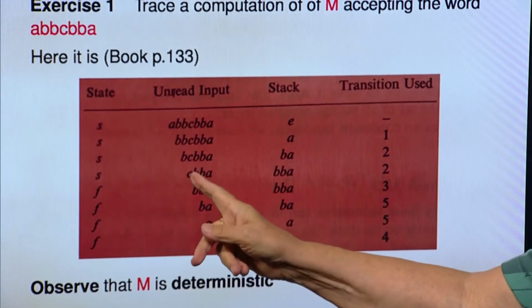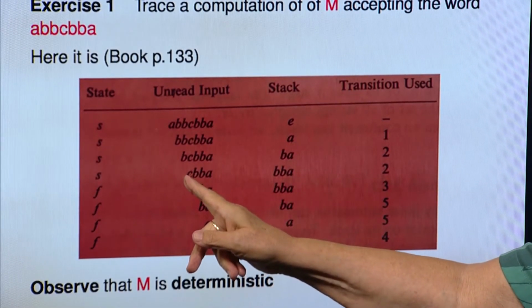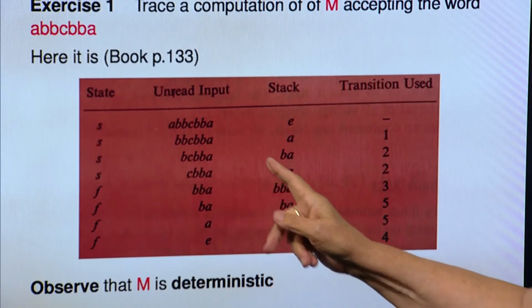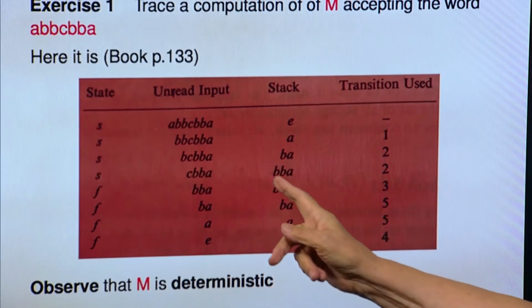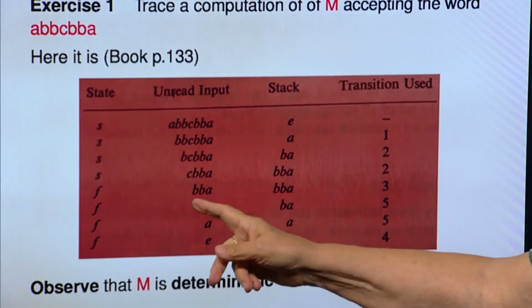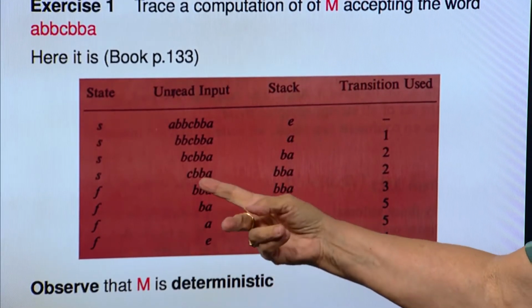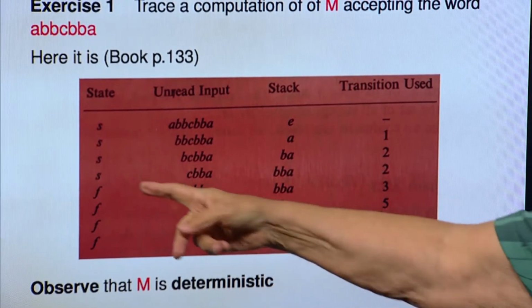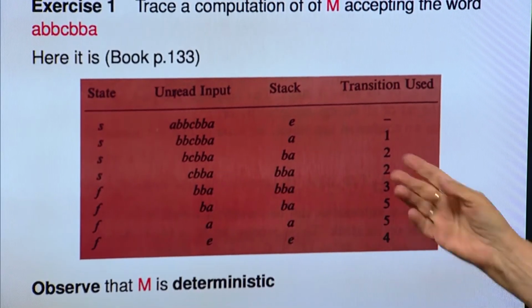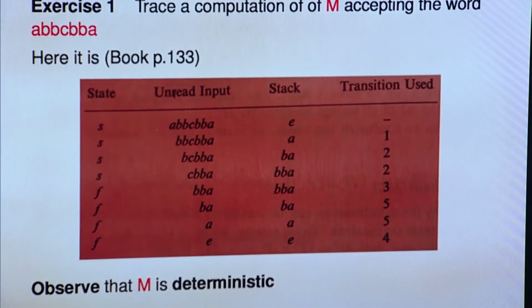And now when you read C, you can see that what you were putting in is the reverse, and when you read C, you switch to F, and now you compare, and that is the deterministic automaton.